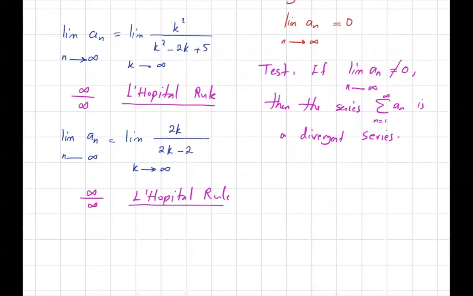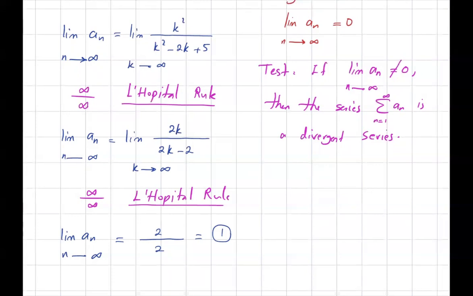So this limit of a_n as n goes to infinity is equal to the derivative of 2k, which is 2, divided by the derivative of 2k minus 2, which is 2. So you get the limit to be 1. So we found the limit of the general term.